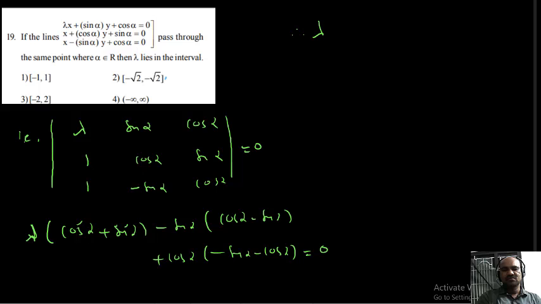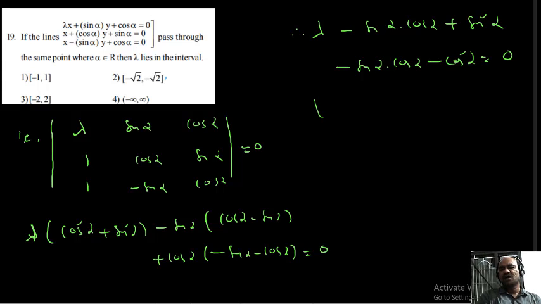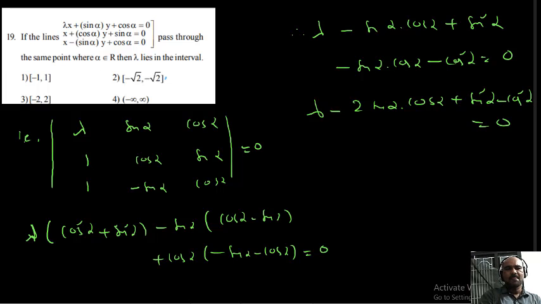Therefore lambda, this is 1 only, minus sin alpha cos alpha plus sin square alpha, minus sin alpha cos alpha, minus cos square alpha equals 0, or lambda minus 2 sin alpha cos alpha plus sin square alpha minus cos square alpha equals 0.